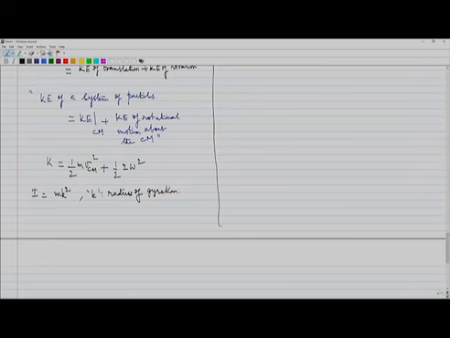Now this becomes half m k squared v cm squared by r squared.